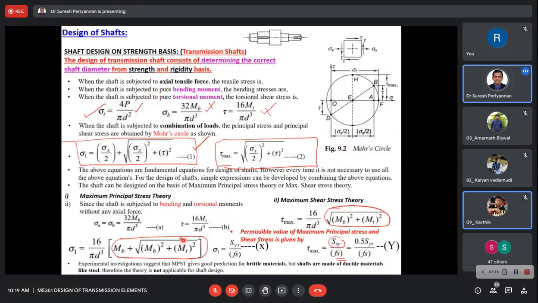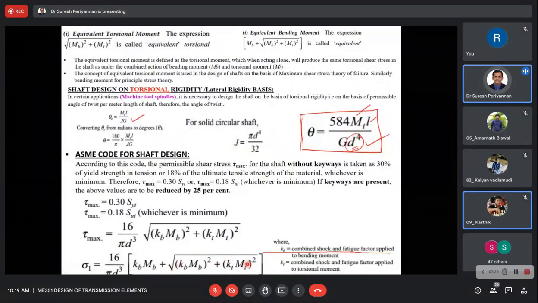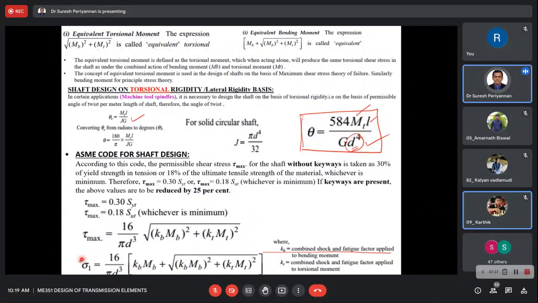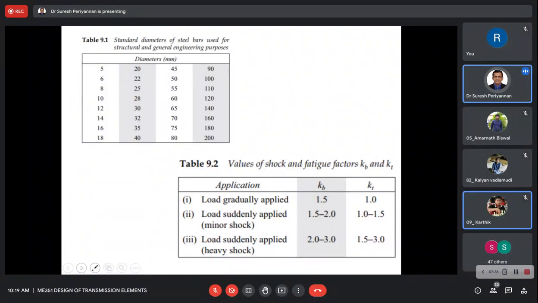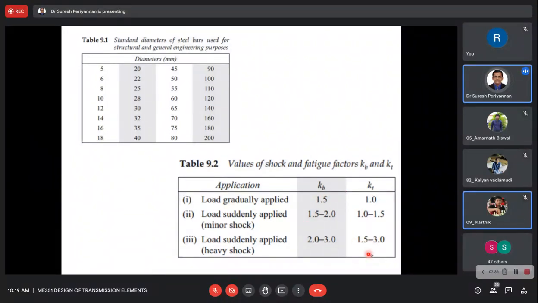Whatever we discussed earlier was a gradually applied load, but here we are introducing the KB factor for suddenly applied and heavy shock loads.